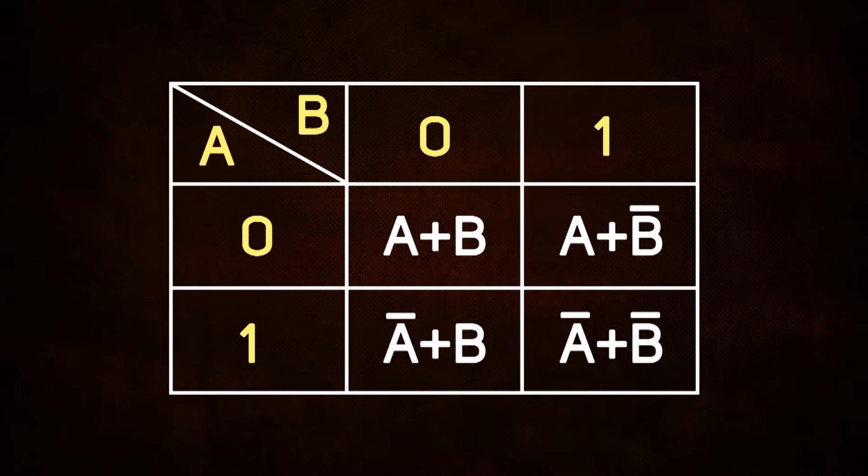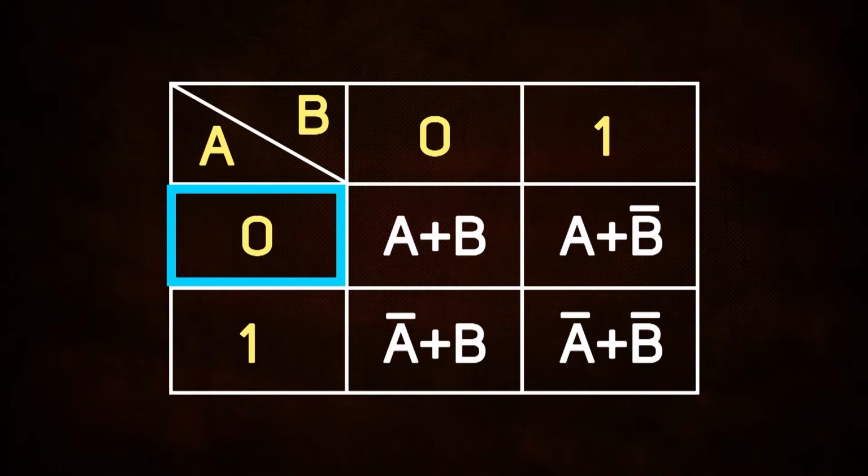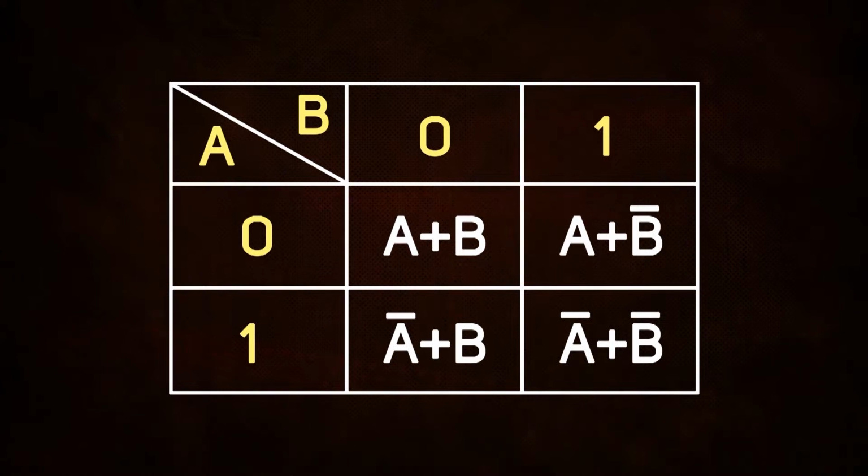By looking into the row and column heading, we are able to fill the cells with corresponding max terms. When the row heading is 0 and column heading is 0, the max term we write is A plus B. When row heading is 0 and column heading is 1, the term is A plus B complement. Likewise, we can write all max terms in the corresponding cells.